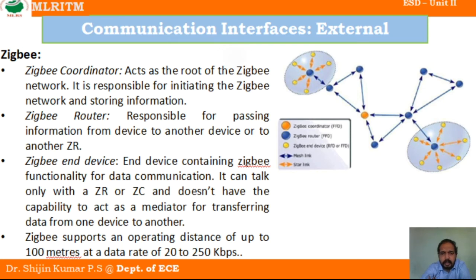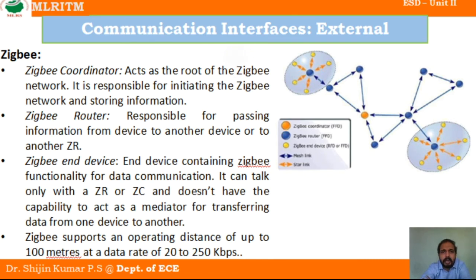The thing that has yellow color is the Zigbee end device. That is our device that is in our hand. This end device contains Zigbee functionality for data communication. It can talk only with the Zigbee routers or Zigbee coordinators, and it does not have the capability to act as a mediator for transferring data from one device to another.